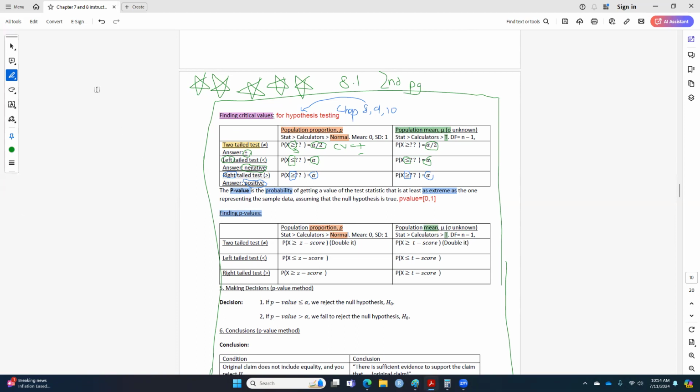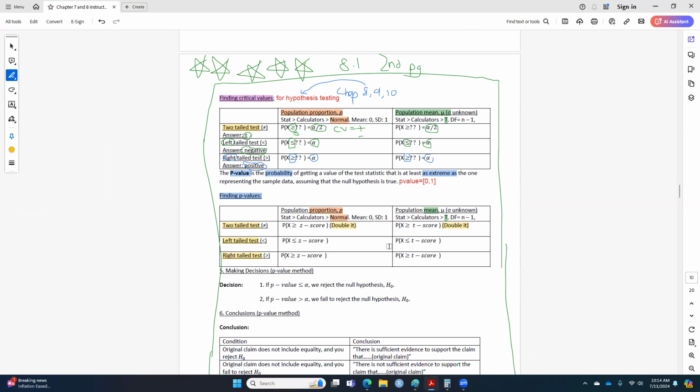And for this case, we also have the two-tail test, left tail test, and right tail test. For the two-tail test, you need to double the probability. So when you find the p-value, make sure you double it.